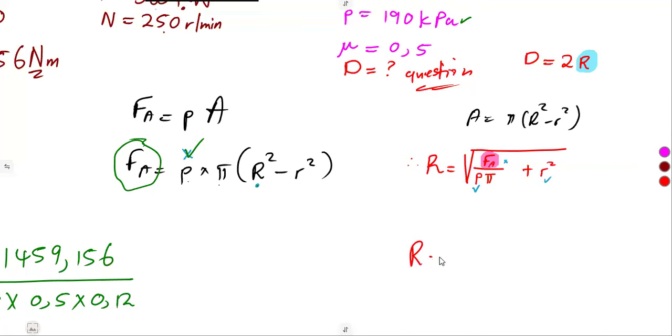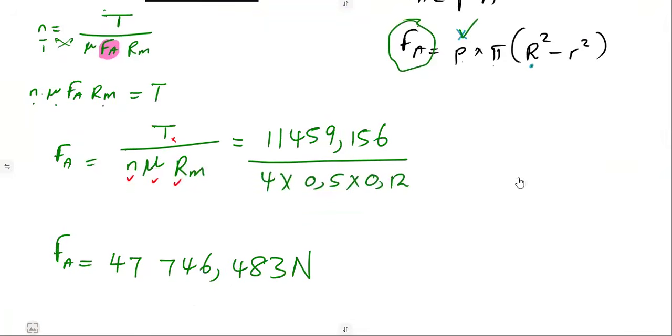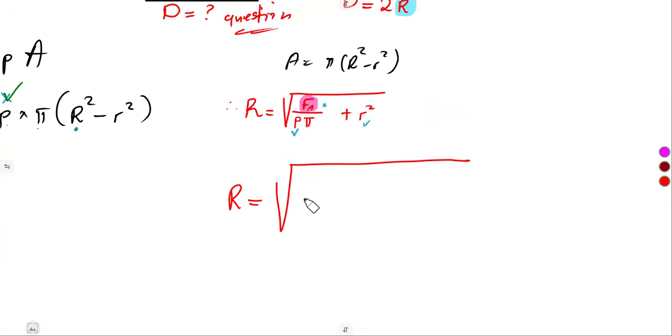So therefore, let's substitute here our radius, the square root of what? Our FA, which we calculated as it is here. So we're going to substitute our value as it is. So that was 47,746.483, guys, over the pressure, this small letter p.